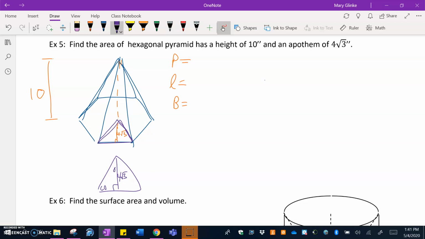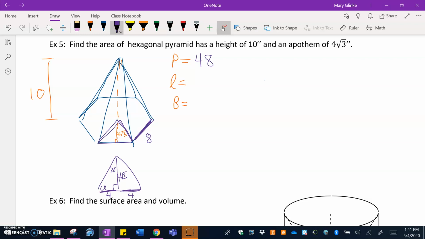We can use our 30-60-90 triangle, and our side length down here would be 4, because across from the 60 is n root 3, and across from the 30 is n. If we double it, each edge along the base is going to end up being 8. And so our perimeter should be 48.